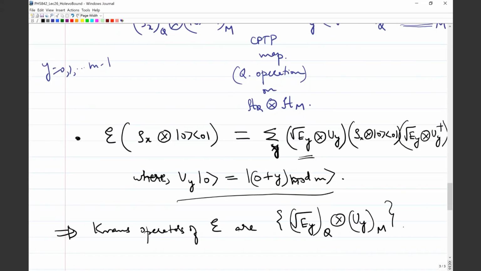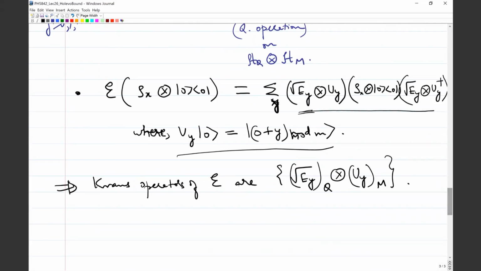Okay. The fact that the map is completely positive already comes from the fact that I have written out a Krauss representation explicitly. I have written out an operator sum decomposition for this. But is it trace preserving? That is something you will have to check and tell me, hopefully in the tutorial. Okay. So I will leave it to you to check that. CP is easily done, but TP also, you will have to check that.